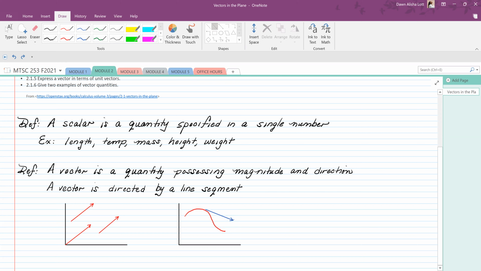Okay, so that's like a tangent vector. So this is another vector, call that V. And so a vector V looks like that.